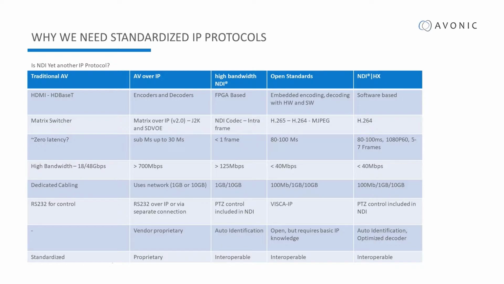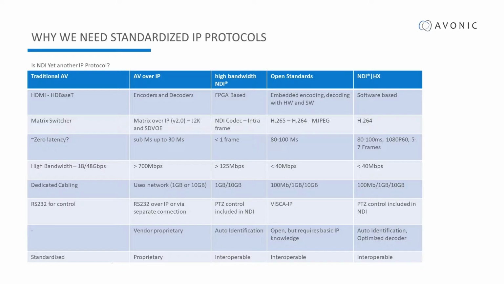In these technologies, you'll see terminology like matrix reinvented, matrix over IP, or version 2.0 of the matrix switcher. The technology behind these systems is typically JPEG 2000 or other very high bitrate compression schemes, but also technology like SDVoE. So they are good replacements for a matrix switcher.